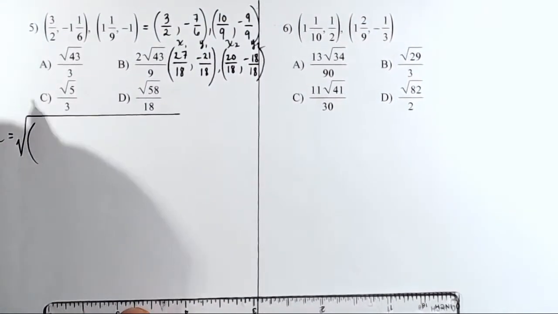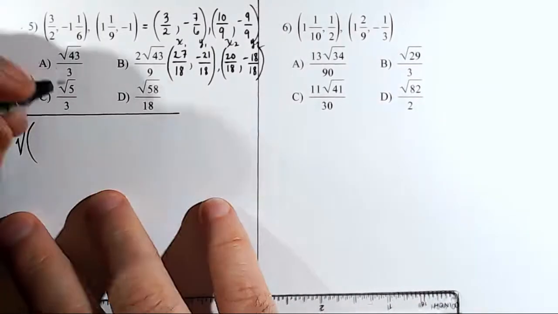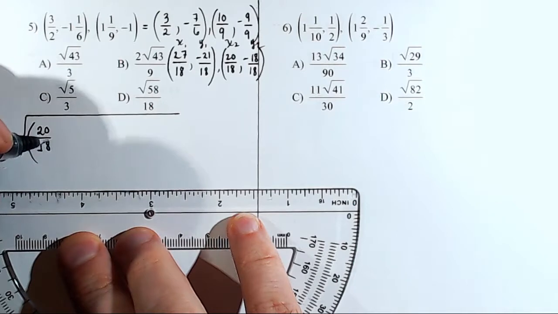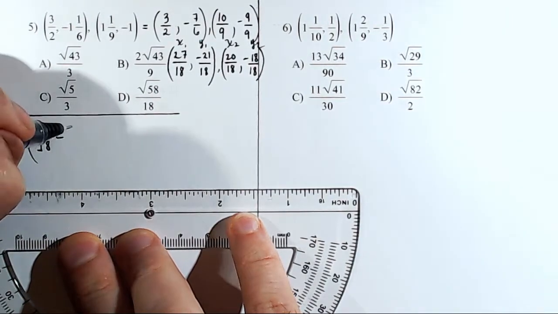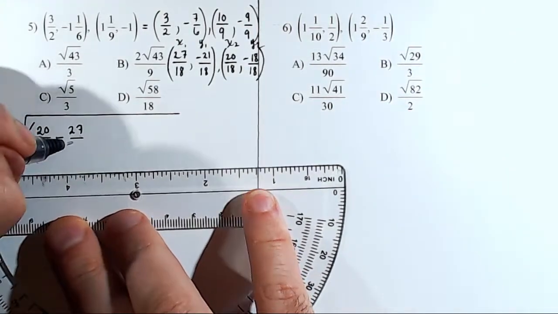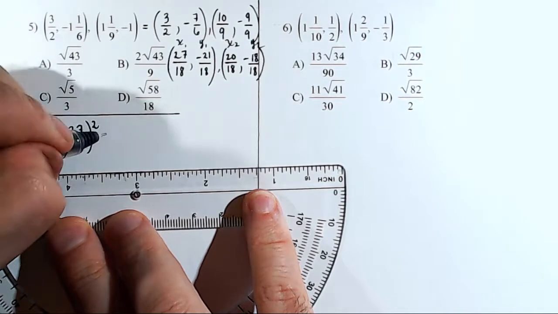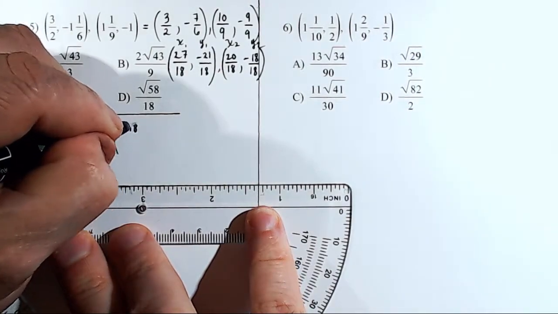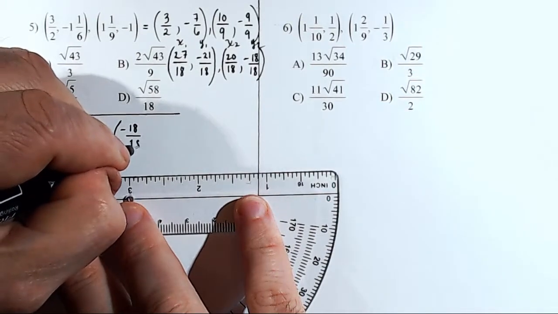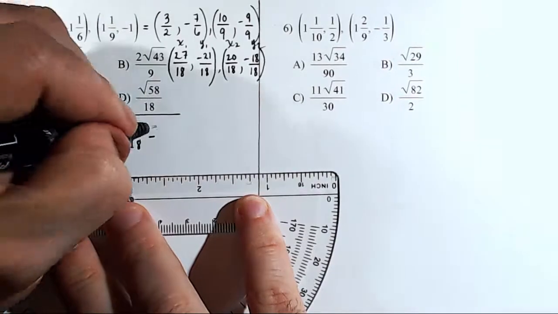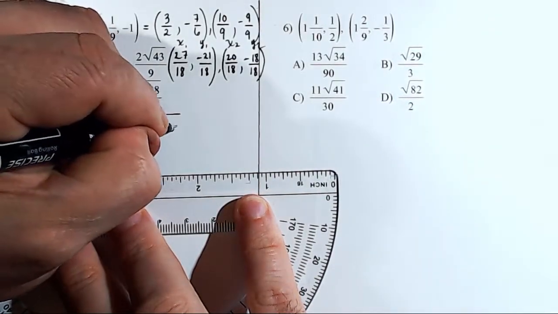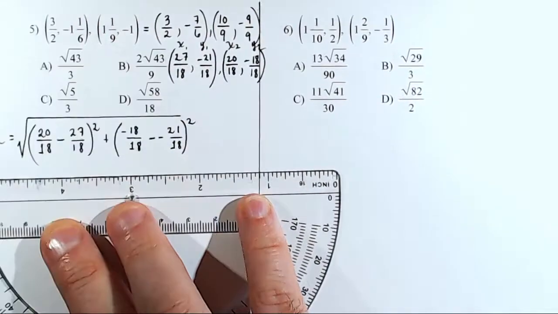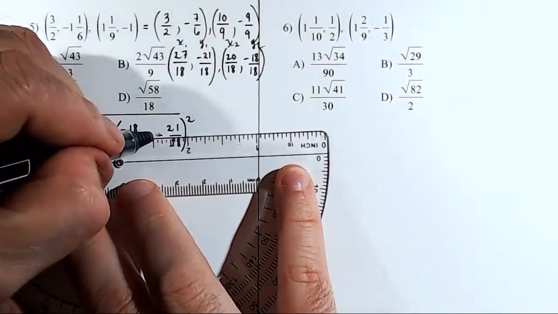So now I'm going to take the square root of x2 minus x1, 20/18 minus x1, which is 27/18, squared, plus, and now y2 minus y1, that's -18/18 minus y1, which is minus -21/18, squared. Little thing I can do here, minus minus becomes a plus.